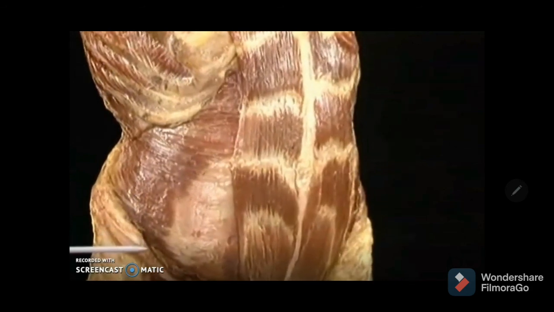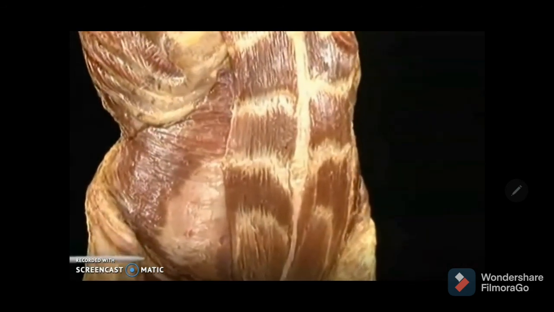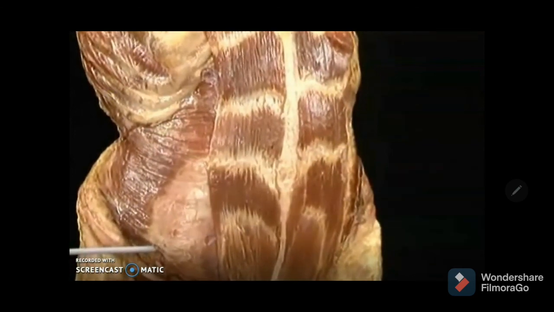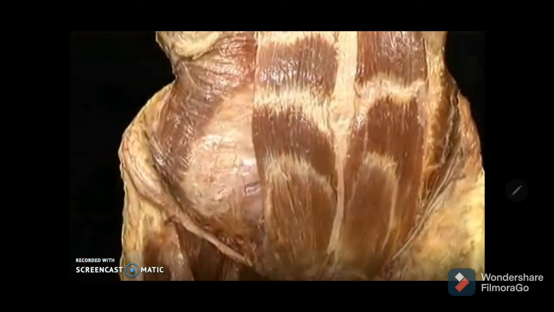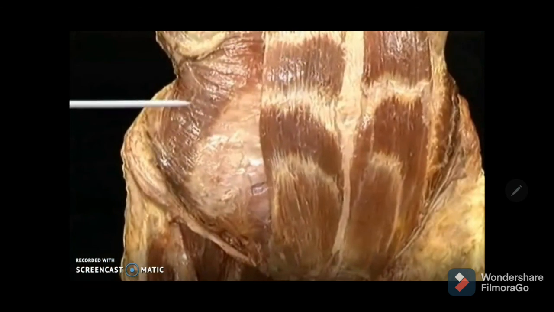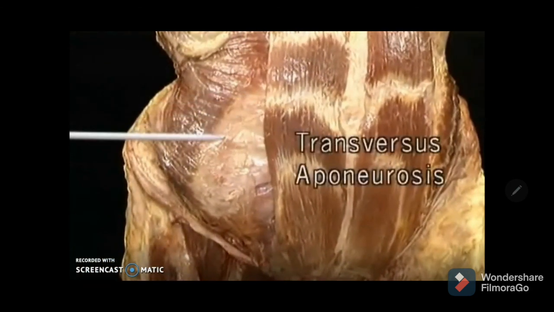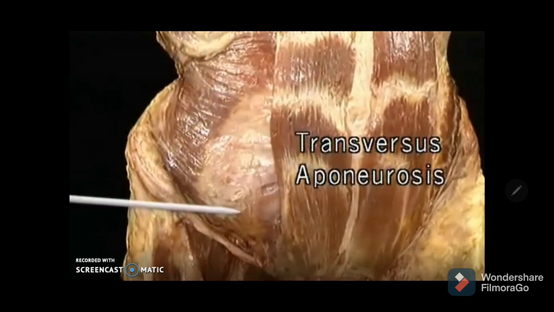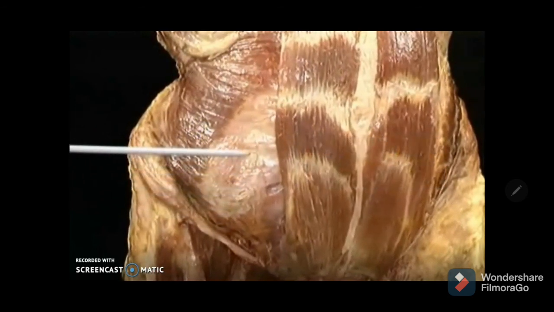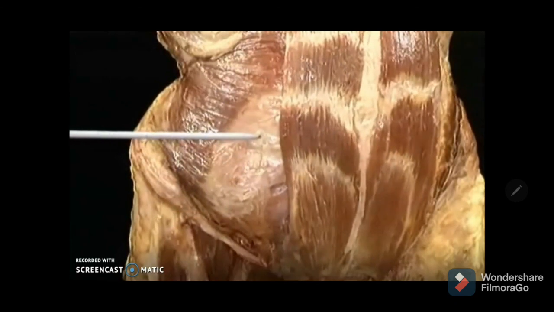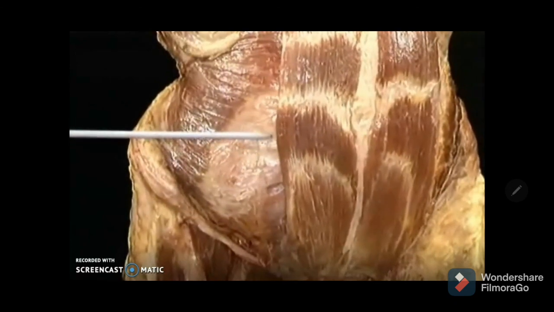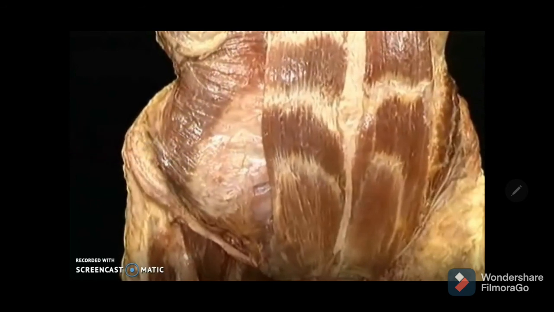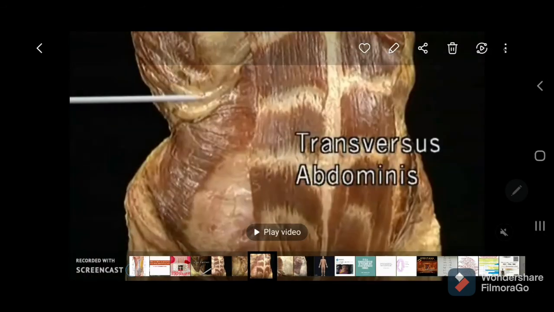You can see there the extent of the transverse abdominis. It forms the roof of the inguinal canal, and here you can see the aponeurosis of the transverse abdominis, and it also forms the arcuate line there. You can notice how it is involved in the formation of the rectus sheath.